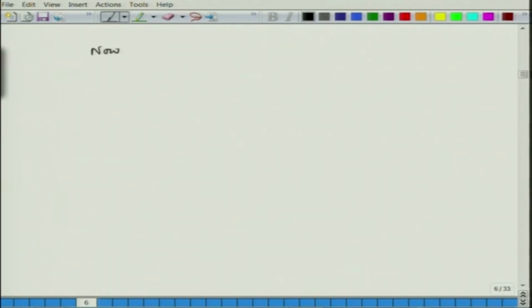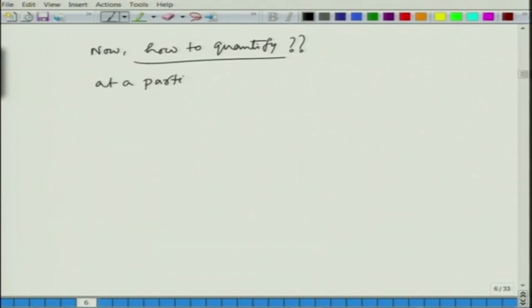So, now how to quantify this? We can understand that it is required to be quantified, but how to do this? Suppose at a particular location, you have a fixed latitude, right, this is fixed.